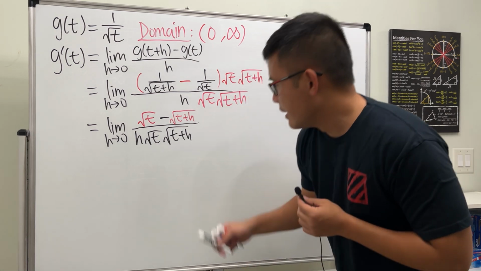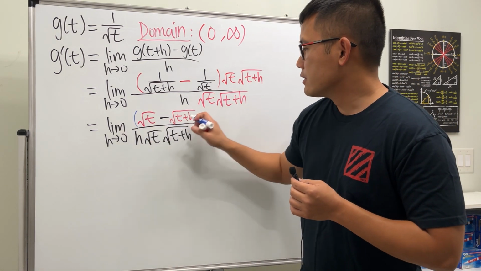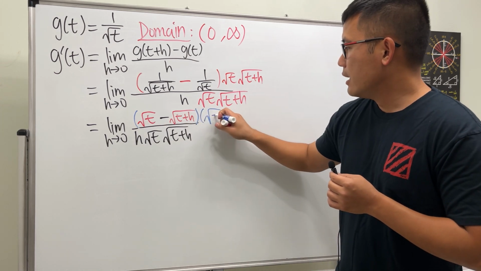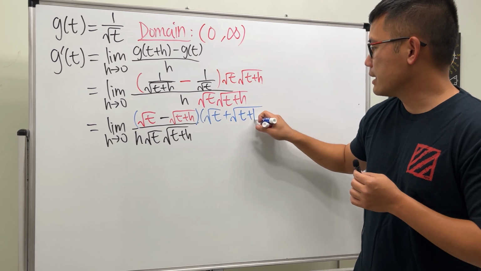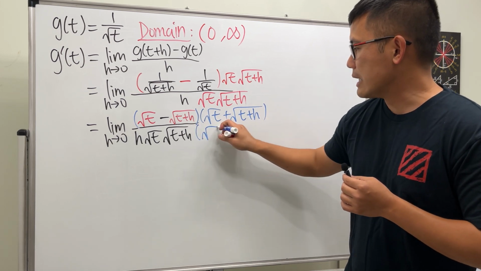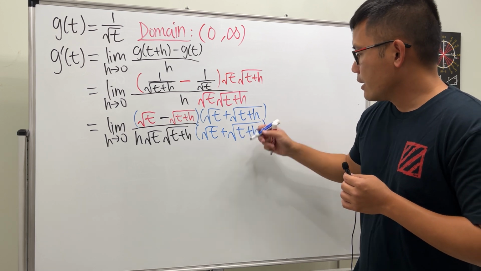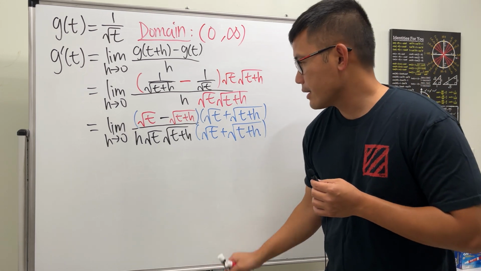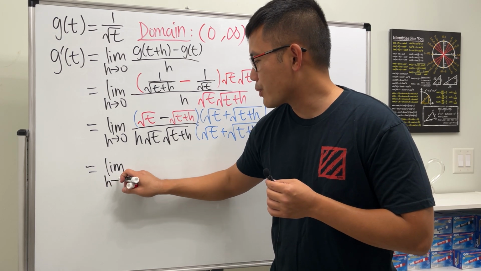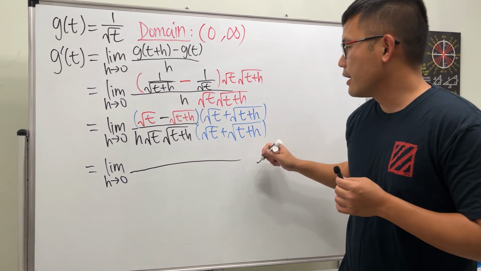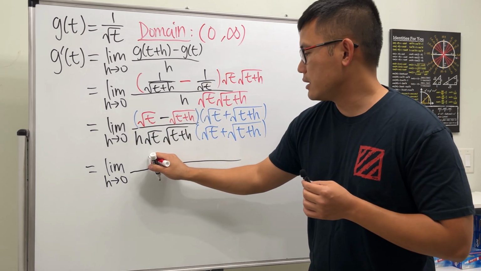Because we have a square root case, let's multiply the top and bottom by the conjugate now. So multiply this by square root of t plus square root of t plus h. And then let's also do the same thing here. Okay, continue. Again, let's write down the limit as h approaching 0. Take this, multiply with that. This thing squared, which is just a t.